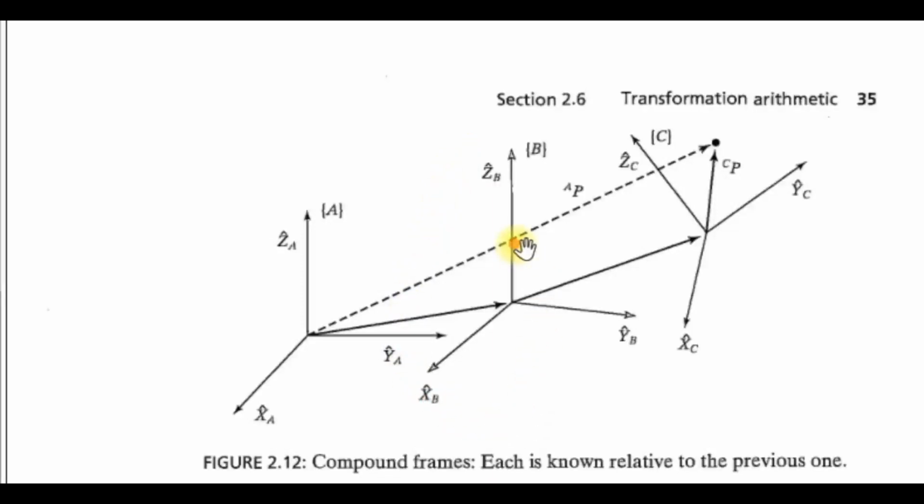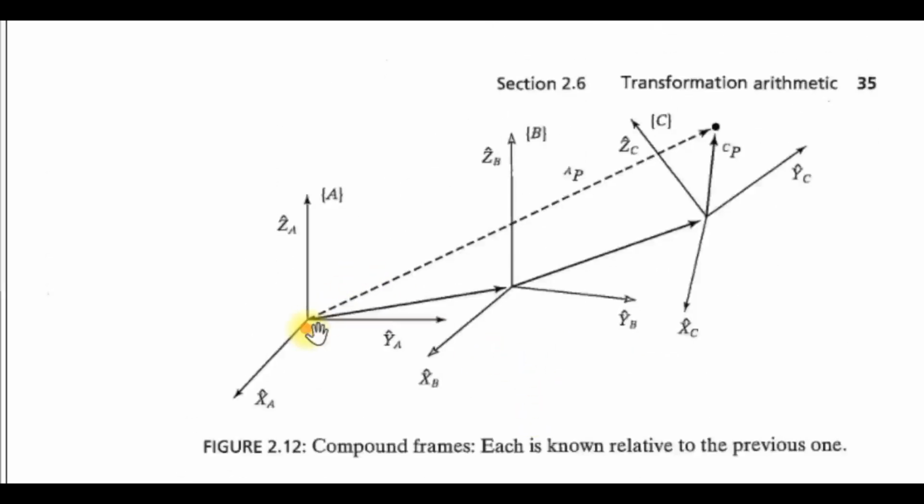So if there is some rotation with B, then I must incorporate that rotation. But here there is no rotation. But in this case the rotation is there. So since there is no rotation, only the translation, and this translation is A to B origin.